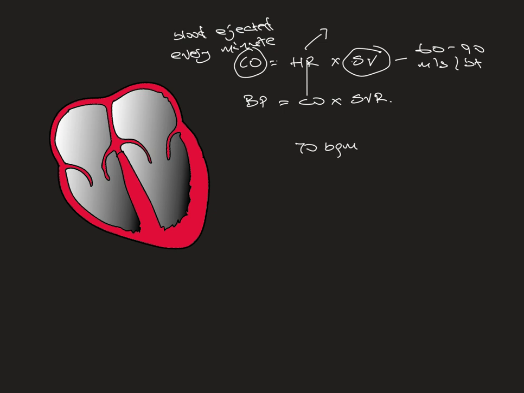And let's assume, again to make the maths easy, that the stroke volume is 70 mils. Now if you do your maths, that's 4,900 mils per minute, or approximately 5 litres. So standard cardiac output is 5.